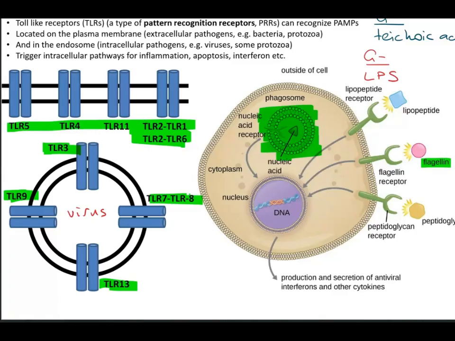He was very excited. He said, toll, which in German is like cool. And they named those receptors in Drosophila toll receptors, so literally cool receptors. And they were discovered in humans, in mammals. Scientists didn't have anything better than to call them just toll-like, which shows you the absolute lack of creativity in scientific nomenclature. Okay?